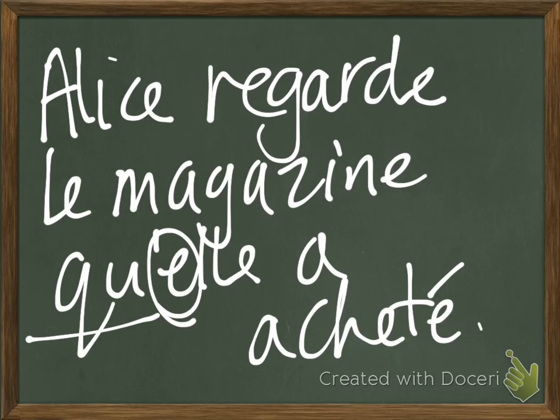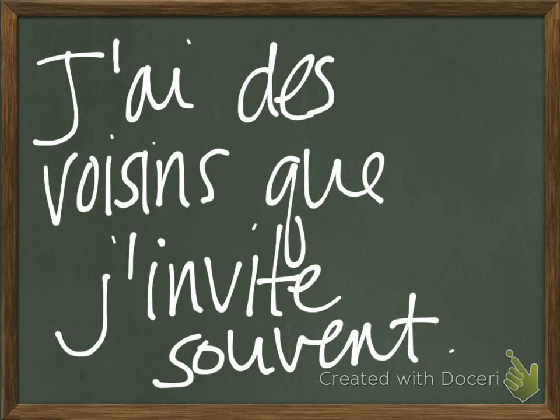All right, I would like you to try the two sentences that are the examples, and we will talk about them separately. So here is the answer for the first one. In the example, it says, j'ai des voisins, je les invite souvent. So you see that les, which is for des voisins, is the direct object of invite.